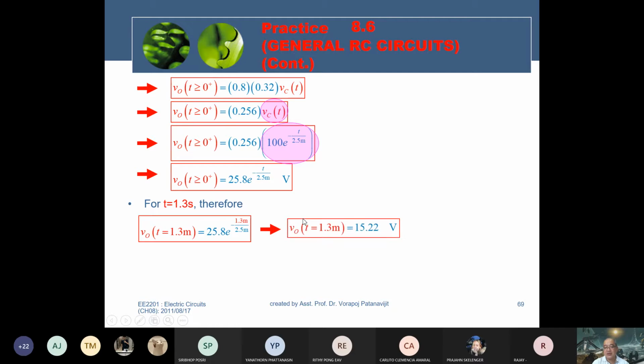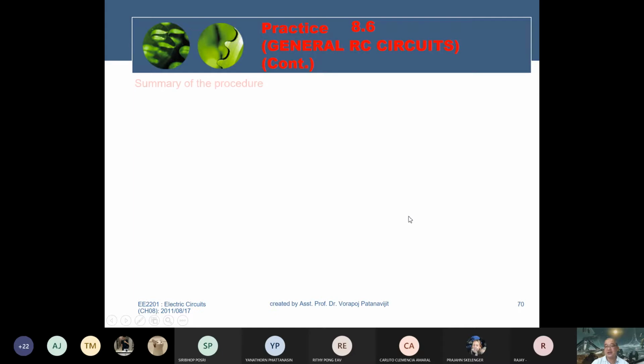At time equal to 1.3 millisecond, VO equals 25.x times e power minus 1.3 milli divided by 2.5 milli, and the final result equals 15.2 volt.